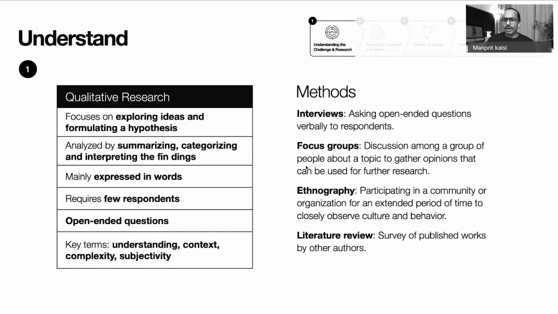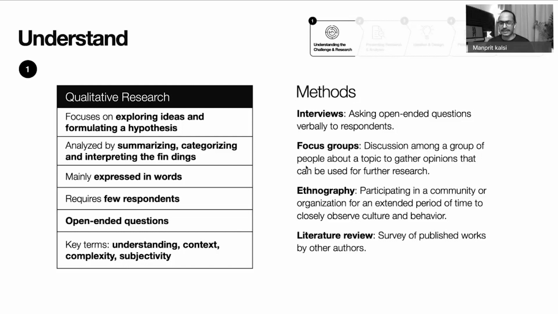Ethnography is basically observing. You go and study the culture, the environment of the user, where he uses the product and where he lives, what his behaviors are when using the product, his daily life, what he does, what different activities he performs. Understanding that is the ethnography study. And last but not the least is the literature review. Suppose you're working on a very complex product, then you will read a lot of literature.